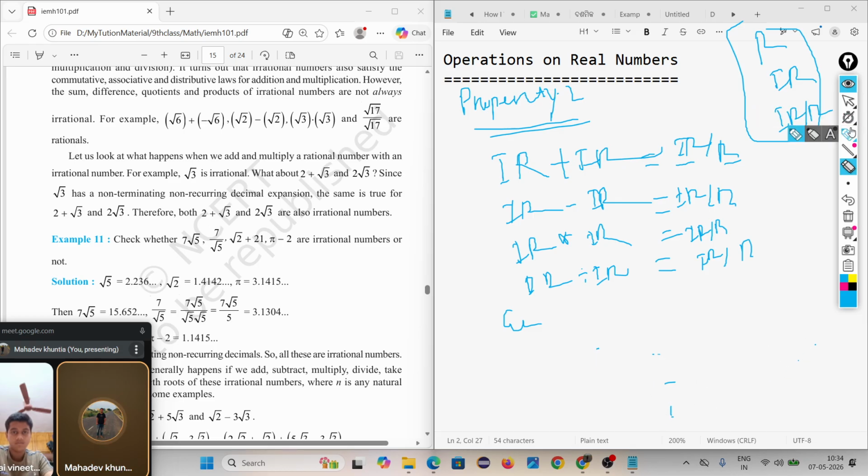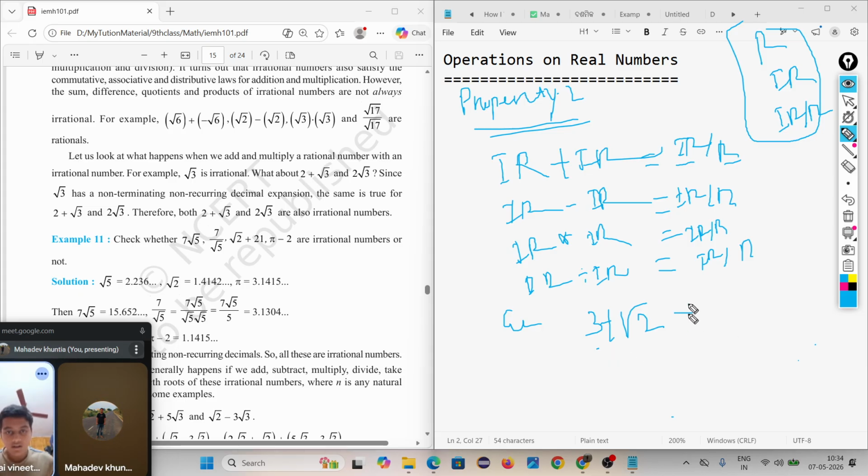Okay, tell me first. Just wait. 3 plus root 2, is it rational or irrational? Irrational. And 4 minus root 2, is it rational or irrational?